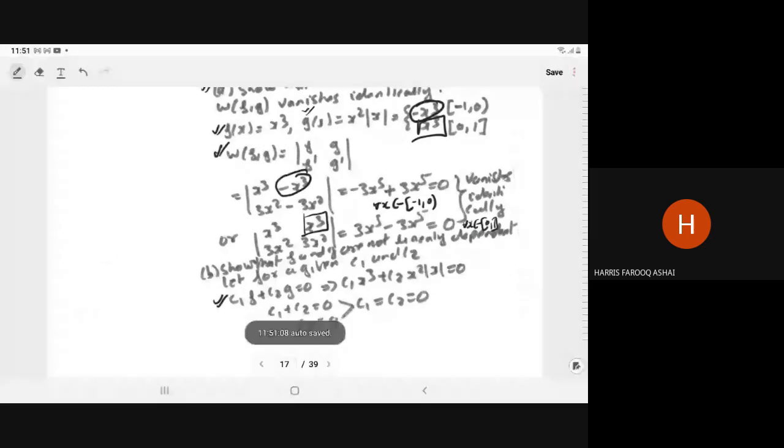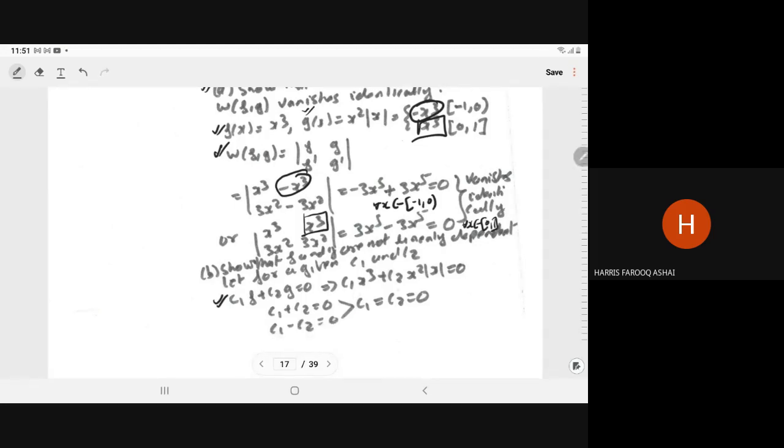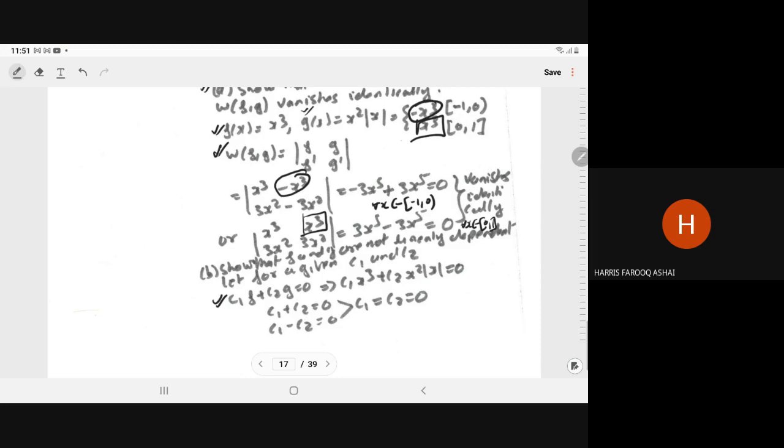So here we can write C1 x³ plus C2 x²|x| is equal to 0. So this can be written as C1 plus C2 or C1 minus C2, meaning it can be minus x or x, for x belonging to -1 to 0, and for x belonging to 0 to 1.